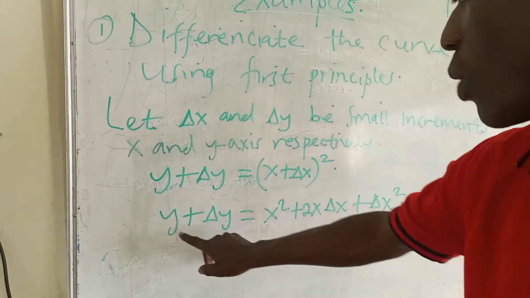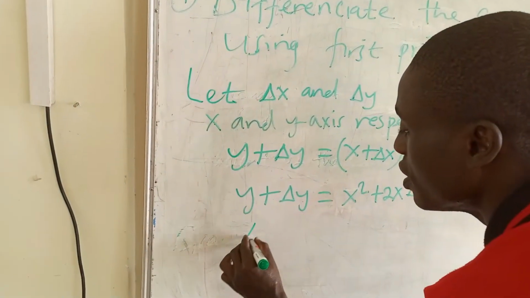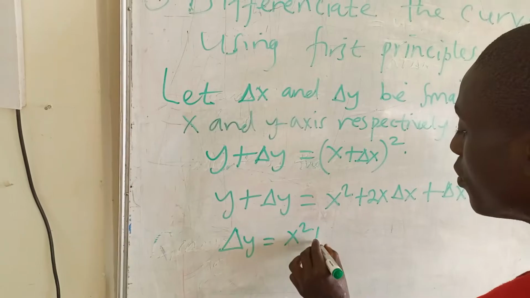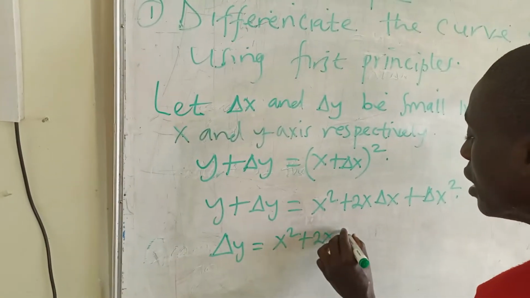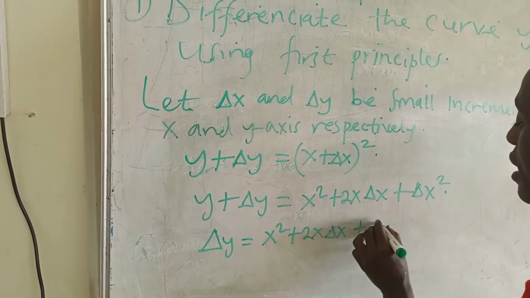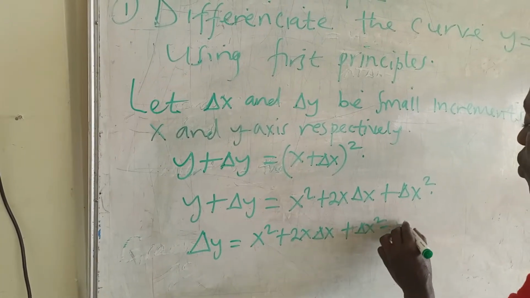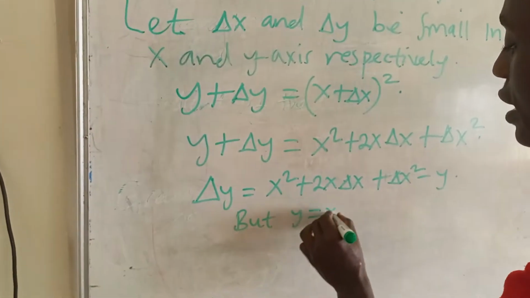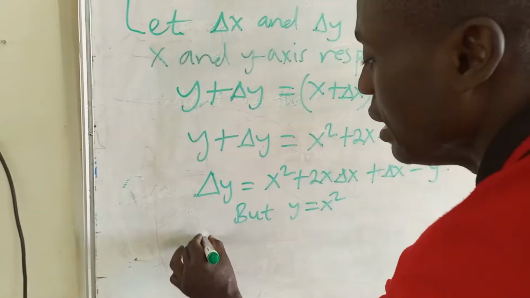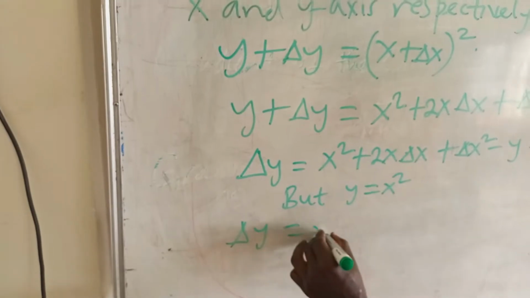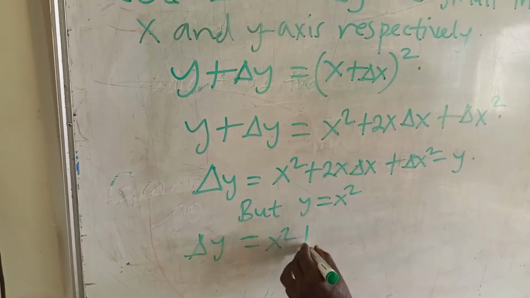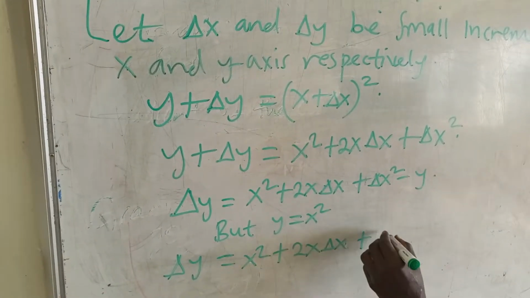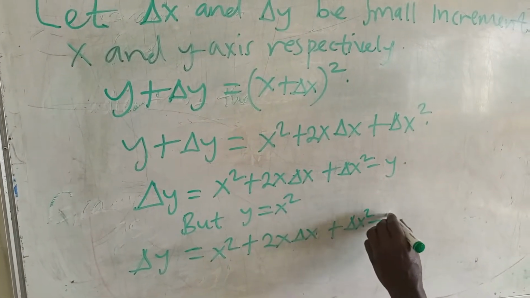So you can bring y this side, then the change in y is equal to x squared plus 2x change in x plus change in x squared minus y, but y is equal to x squared. So I substitute here and say the change in y is equal to x squared plus 2x change in x plus change in x squared minus x squared.